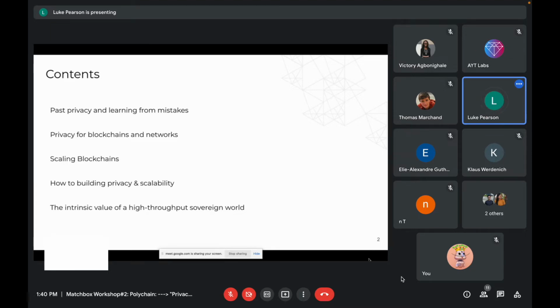So today we're going to talk about the different leverage points you get with using zero knowledge, as well as a couple of other technologies for both privacy and scaling. I'm not going to spend too much time on the specifics of how these games are scaled.